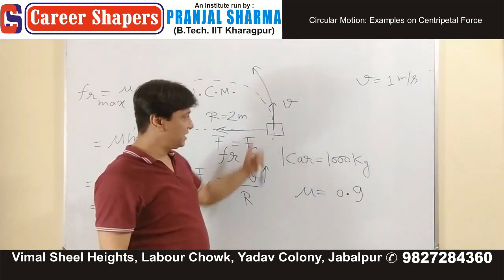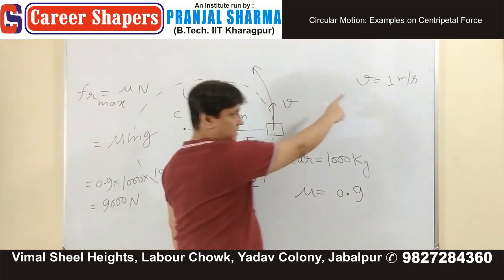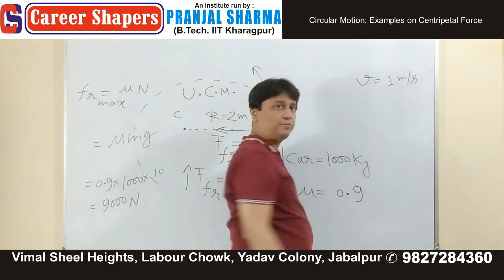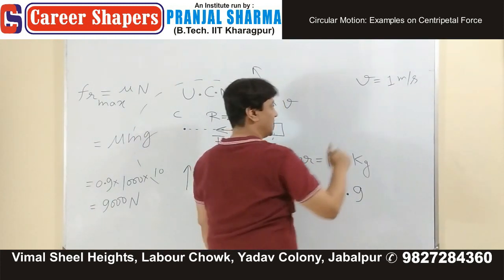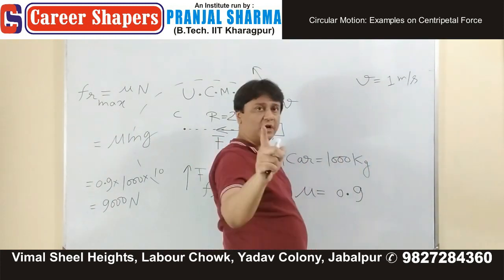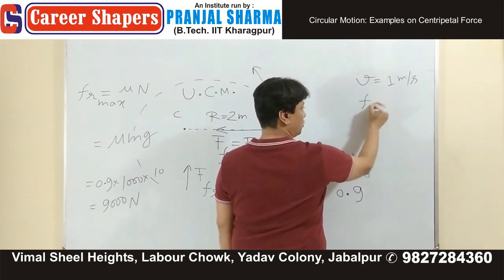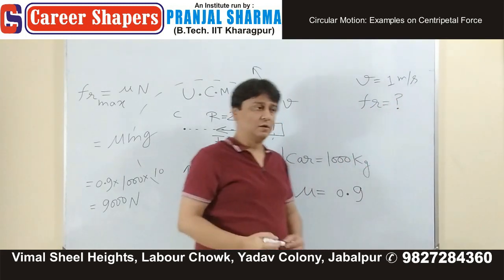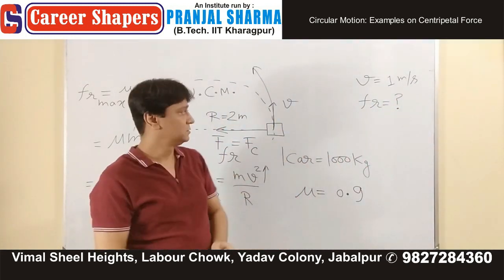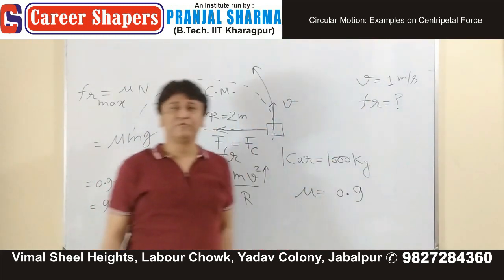I'll come back to the V maximum which we need. लेकिन उसके पहले इस चीज का आंसर दो. छोटे छोटे स्टेप्स इस क्वेश्चन को समझने के लिए हेल्प करेंगे. सपोज क्वेश्चन दिया गया होता दैट V is 1 meter per second and I'm asking you what is FR, what is friction acting on the car. Write down this part first. Forget about this. V is 1. I'm looking for FR.